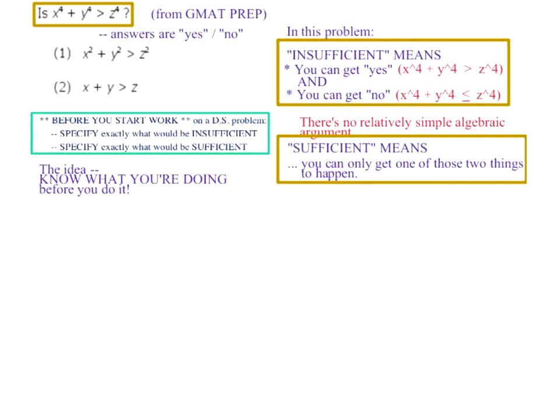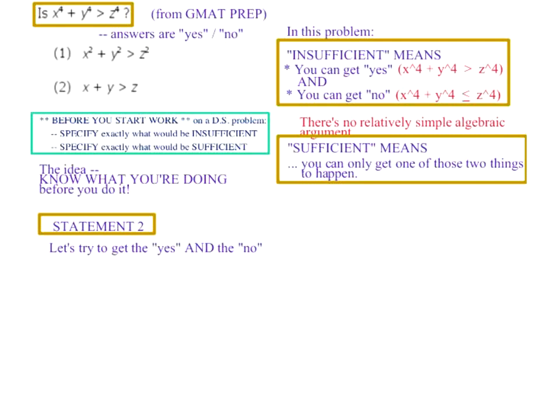So, all right, let's see if we can get these. Let's look at statement 2 first. Statement 2 is a little bit easier because there's no squares or any of that funny business there. So let's see whether we can get both of those. Let's try to get the yes and the no. This is what you're doing whenever you test cases in general.